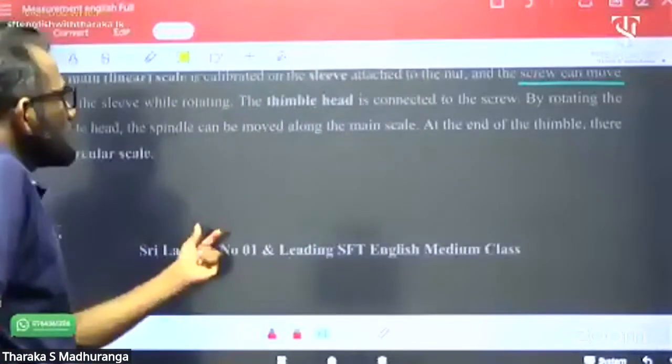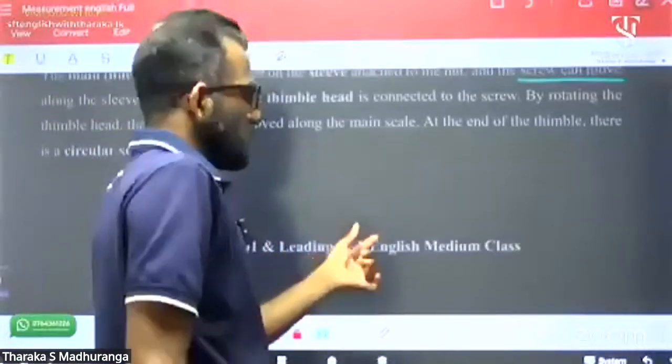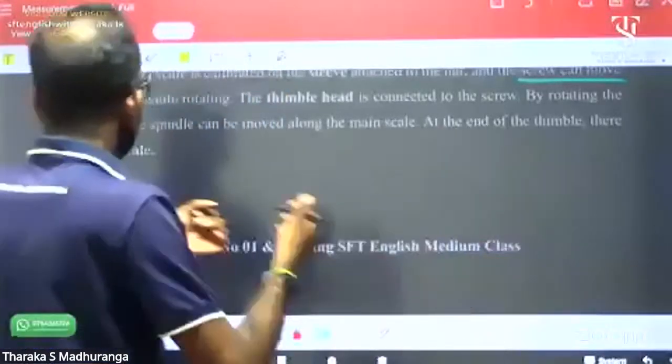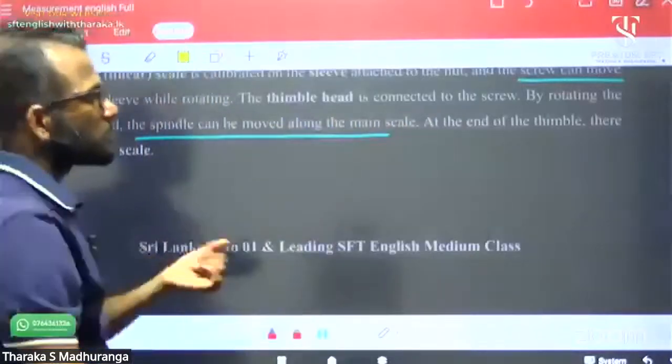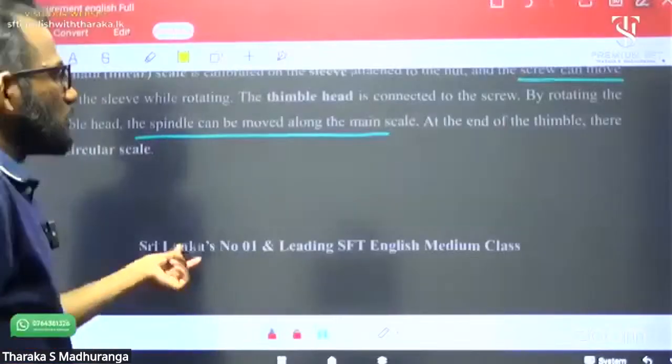The spindle can be moved along the main scale. At the end of the thimble, there is a circular scale.